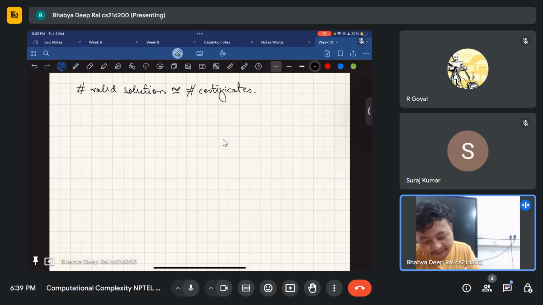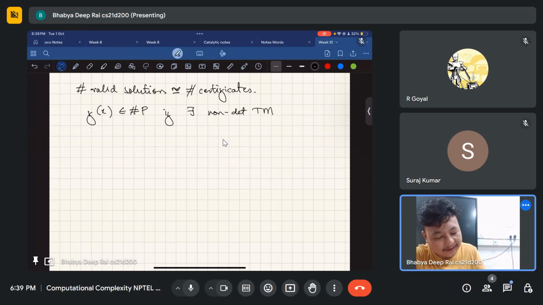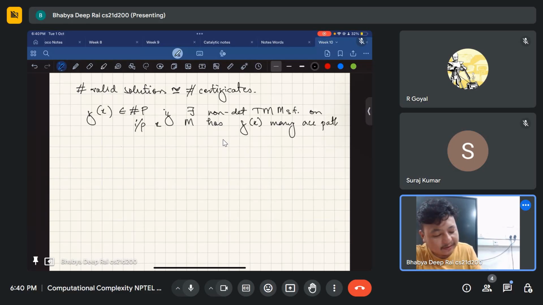Now we'll talk about functions. f of x is in sharp P if there exists a non-deterministic Turing machine M such that on input x, M has f of x many accepting paths, and M runs in polynomial time.